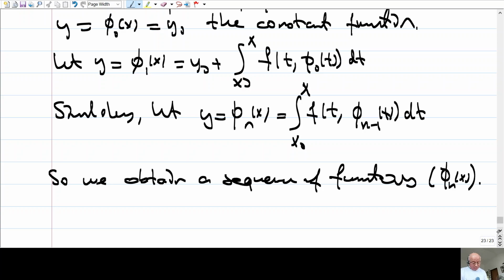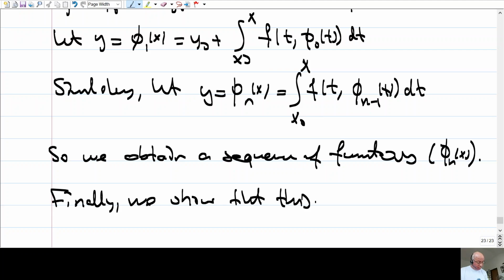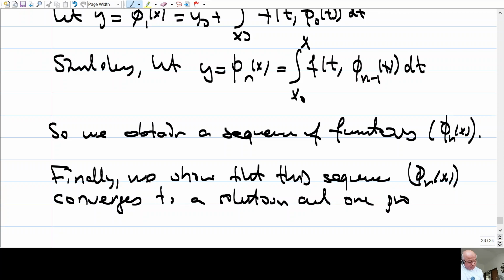And then you show that this sequence converges to a solution, and one proves that the solution is unique.